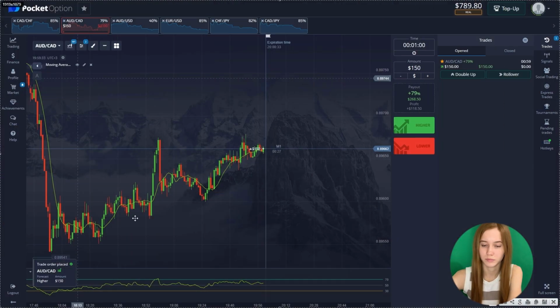Open up and start our technical analysis. So what we see, growth in our chart. What we see also, we have more green candles, and from the general situation we see some consolidation.